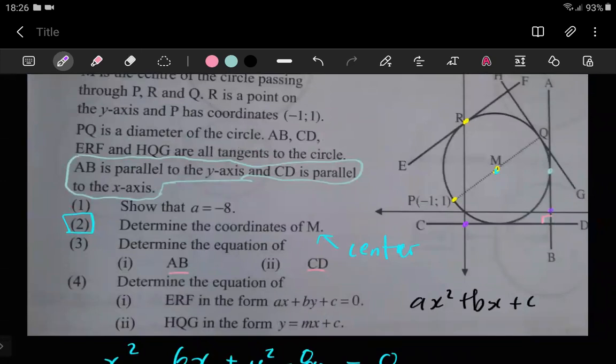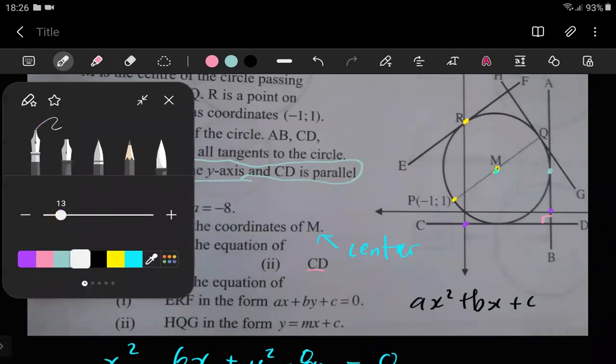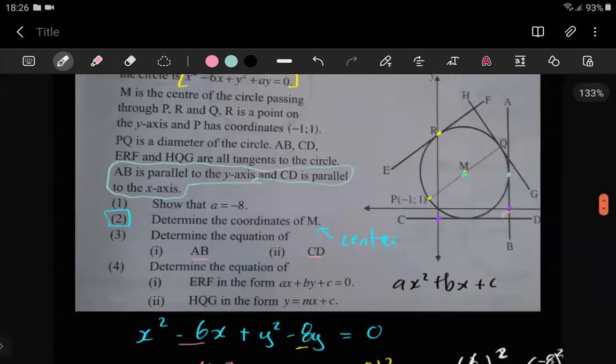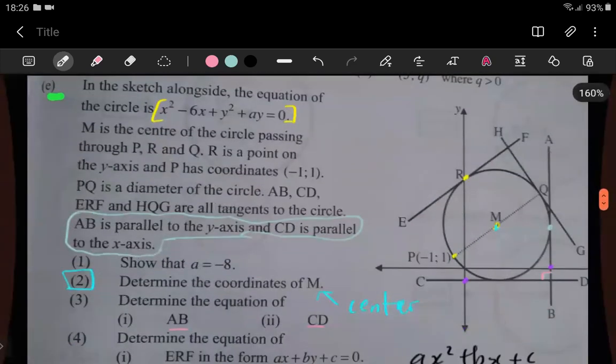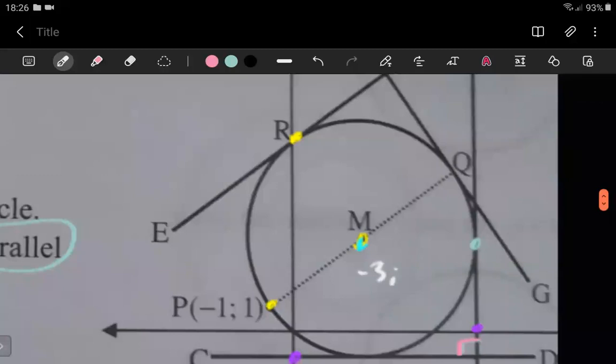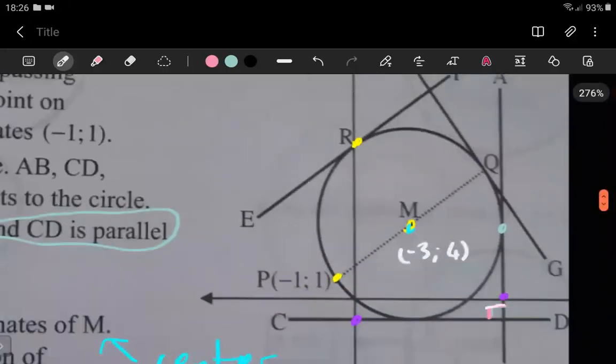So what can we do to get the equations of AB and CD? Keeping in mind that we have just gotten the center of M in the previous question, -3 and 4. We have M. This is a 90-degree angle.